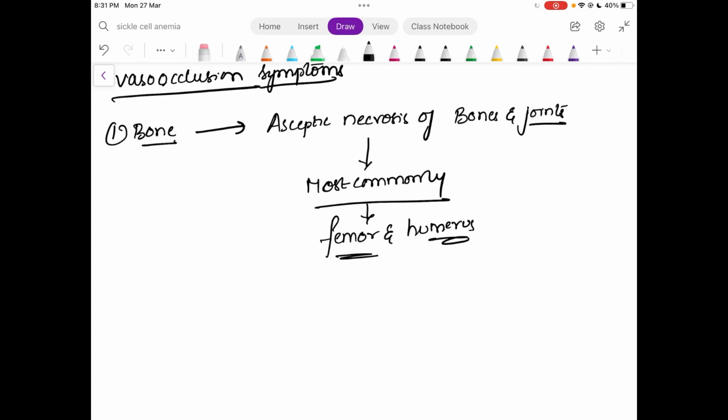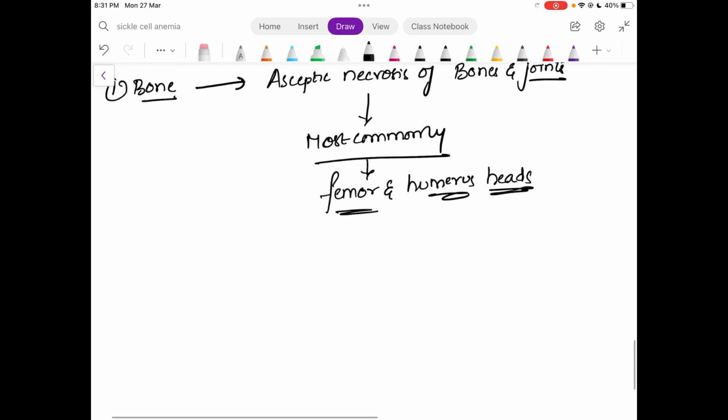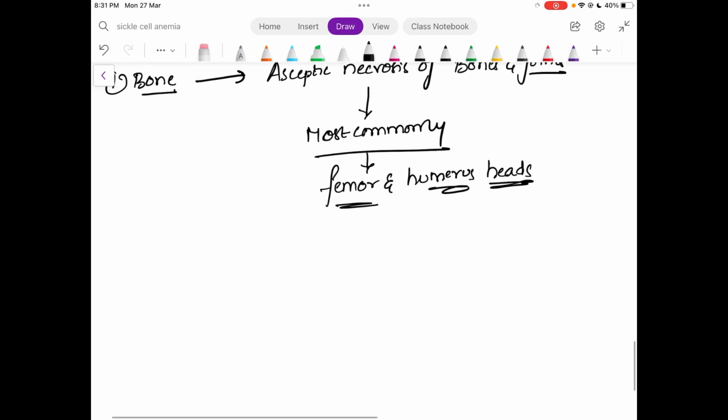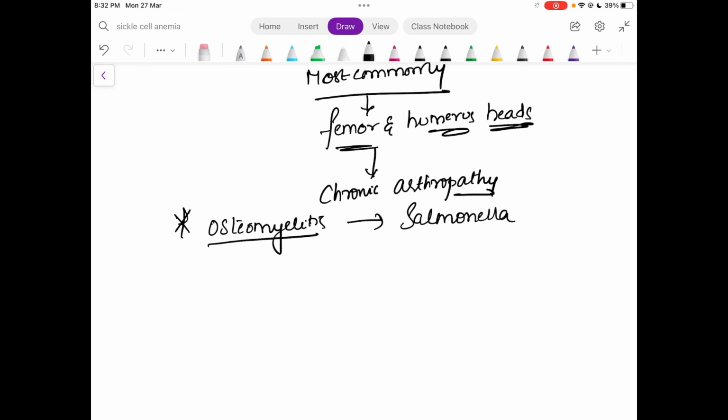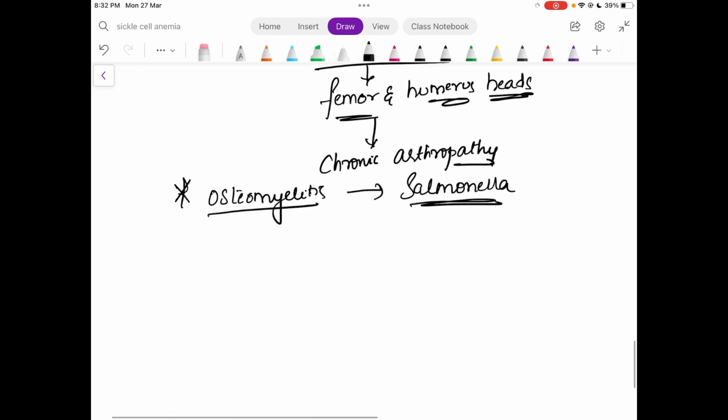In the femoral head and humeral head, there will be aseptic necrosis, and this aseptic necrosis will cause chronic arthropathy, and patients will have osteomyelitis, infection of bone, most often with Salmonella bacteria.